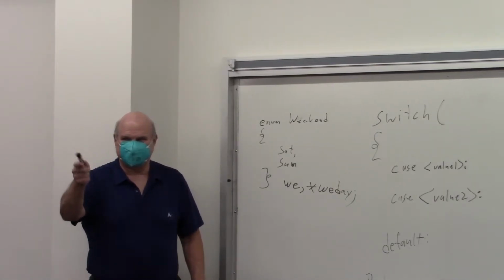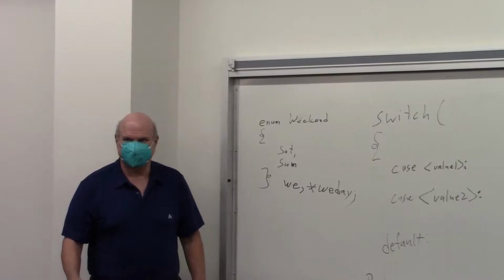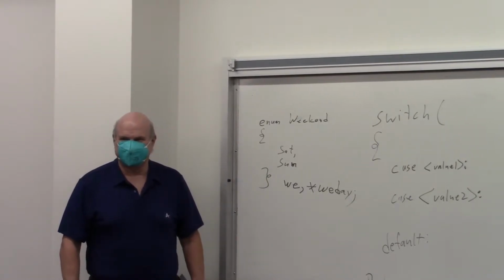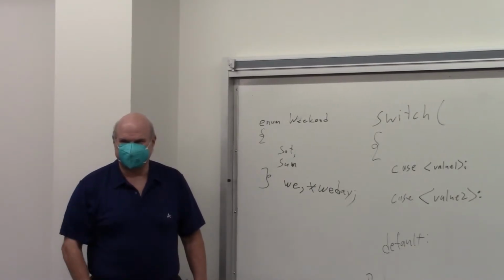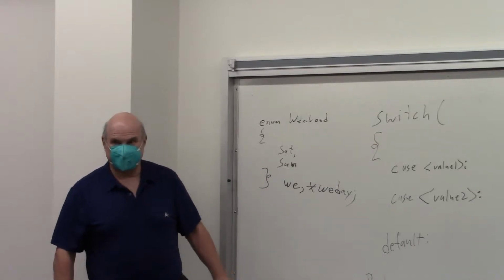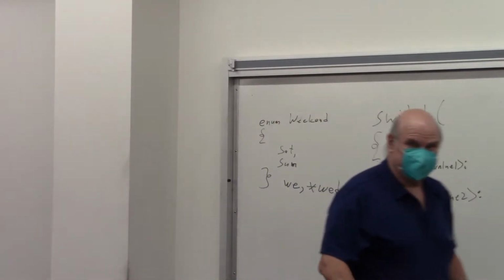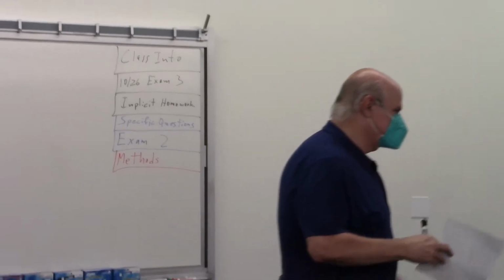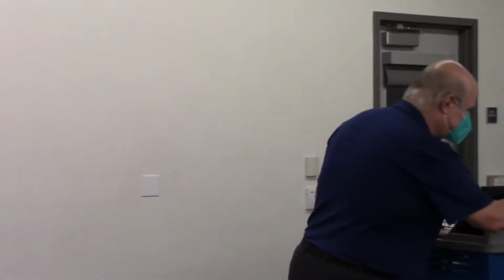Next question. Hello? Somebody make a question. If you have a chunk of code in the exam, like the last exam, are we supposed to take into account each line as part of the whole, or is each line considered by itself?